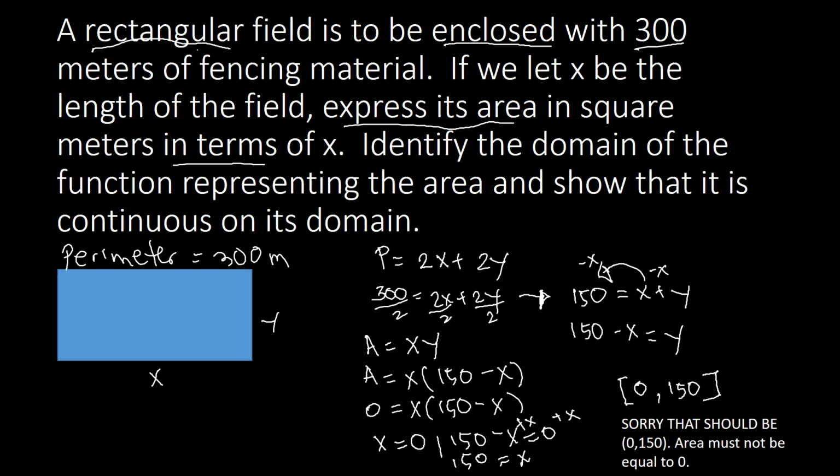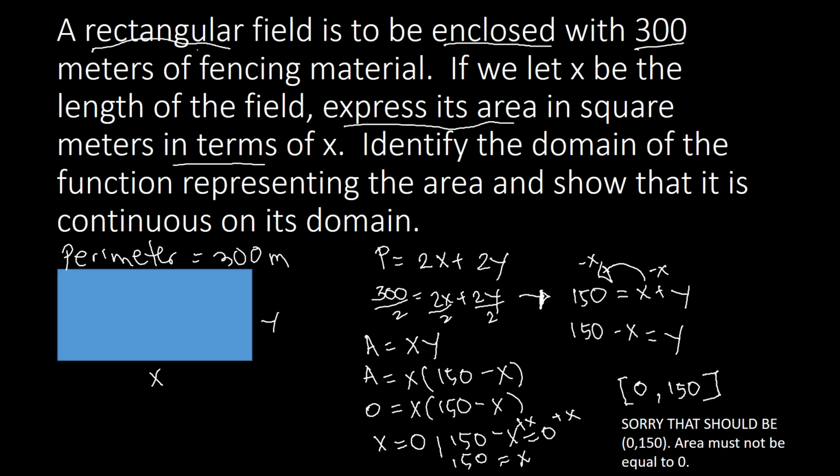Now, this is an interval because we are having the values of x. This interval from 0 up to 150 is the domain of your function. If you get values within 0 to 150, your function will still be okay, and you'll be getting a value of y.